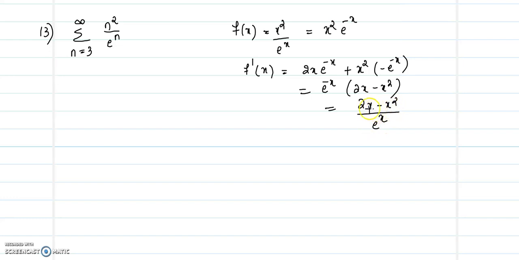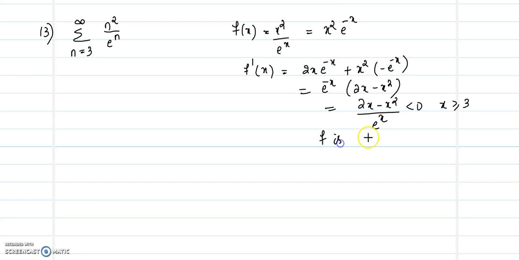So when x is equal to 2, the value will be 0. When x is equal to 3, we'll get 6 minus 9. So x square increases at a rapid rate compared to 2x. So from 3 onwards, 2x will be less than x square. So this value will be negative when x is greater than or equal to 3.